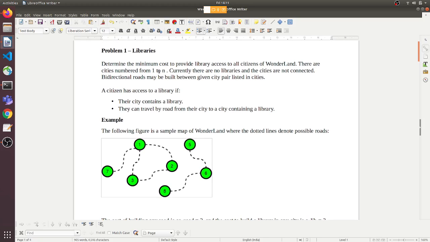So there are n cities 1 to n, and we have to provide library access to all the cities. Okay, and I was saying that a citizen has access to a library if there is a library in his or her city, or if they can travel by road from their city to a city containing a library.